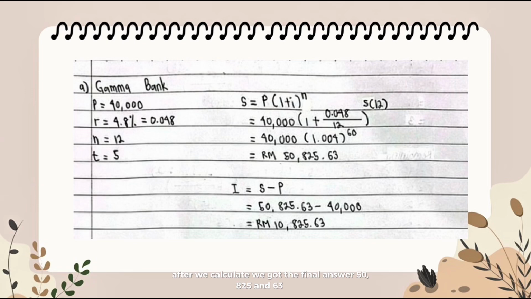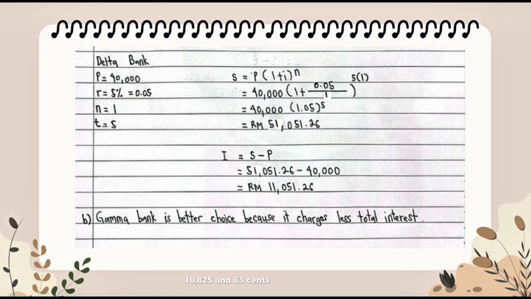50,825.63. Next, we want to find the interest, so we use the formula I equal to S minus P. So we just substitute everything and we get the final answer 10,825.63. Next, for Delta Bank, we use the same formula, which is S equal to P(1 plus i) to the power of n.